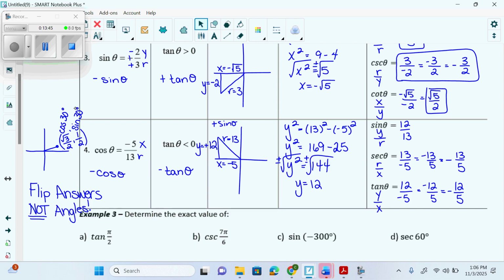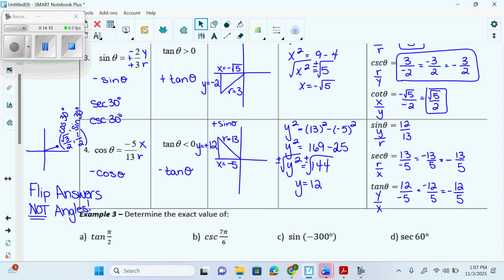So can I quickly get secant of 30 and cosecant of 30? If this is x over r, root 3 over 2, what would secant be? You just rationalized it all in your head.